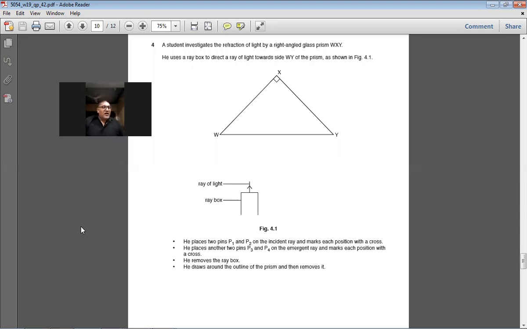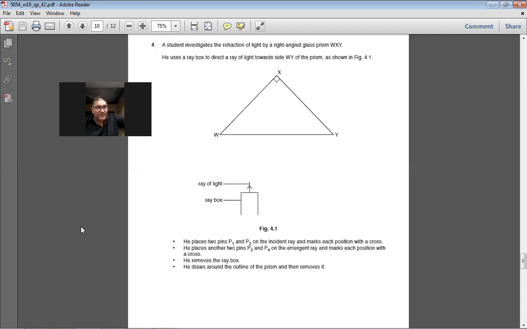A student investigates the refraction of light by a right-angled glass prism WXY. He uses a ray box to direct a ray of light to side WY of the prism as shown in figure 4.1.